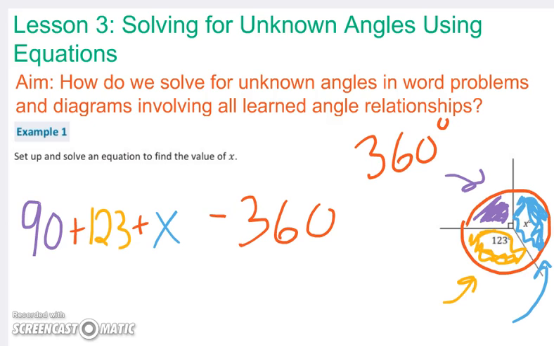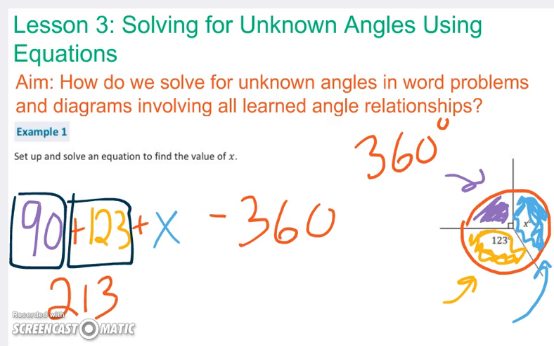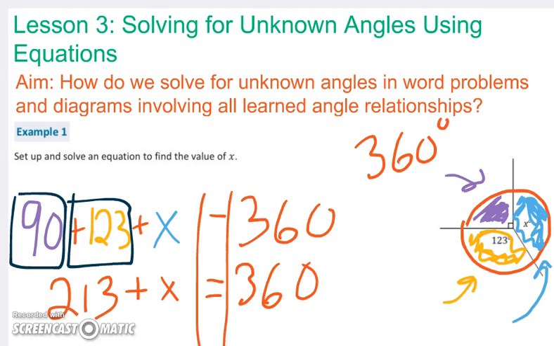Well, let's do that. We start to put shapes around and combine like terms. These guys are similar. When we add those up, we get 213 degrees. Bring down our x, bring down our equal sign, bring down 360 degrees. Now I'm running out of space here.